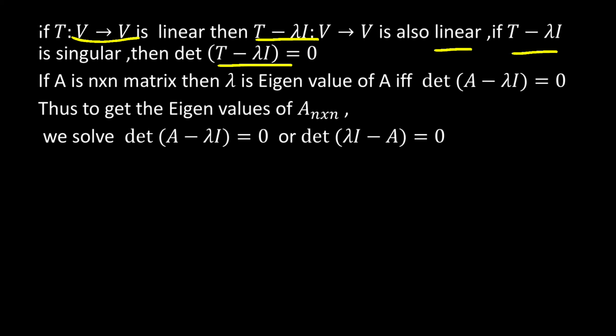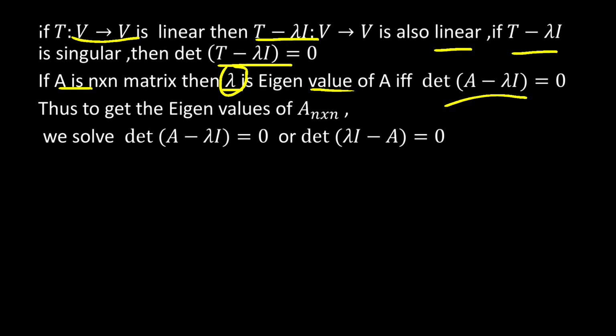Similarly, if you are given a matrix which is an n by n matrix, then lambda is an eigenvalue of A if and only if the determinant of this matrix is 0.